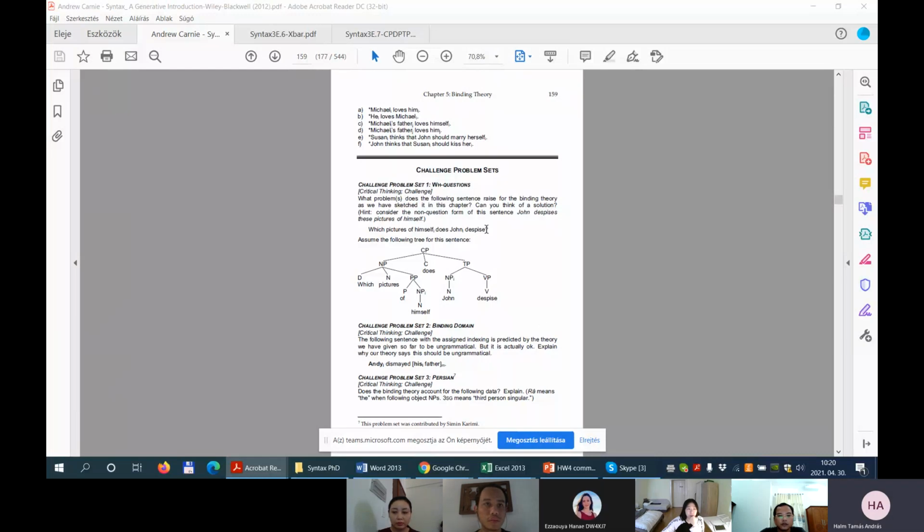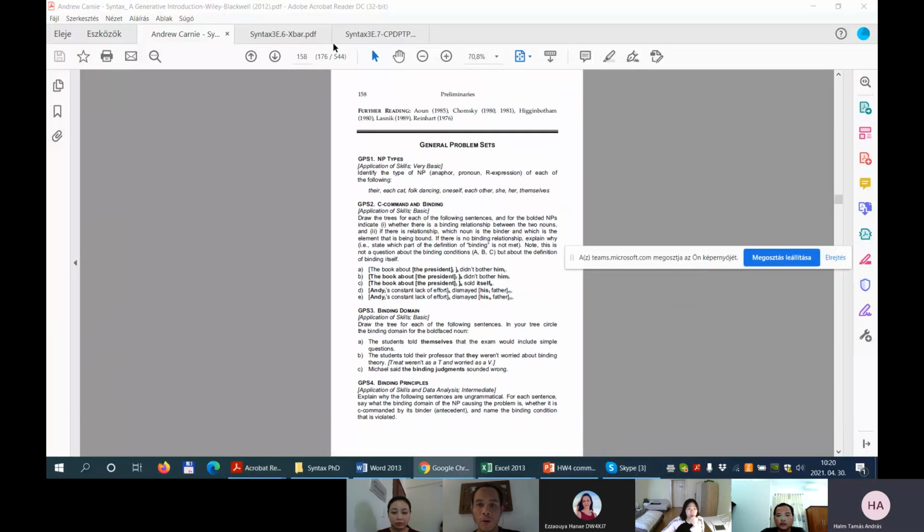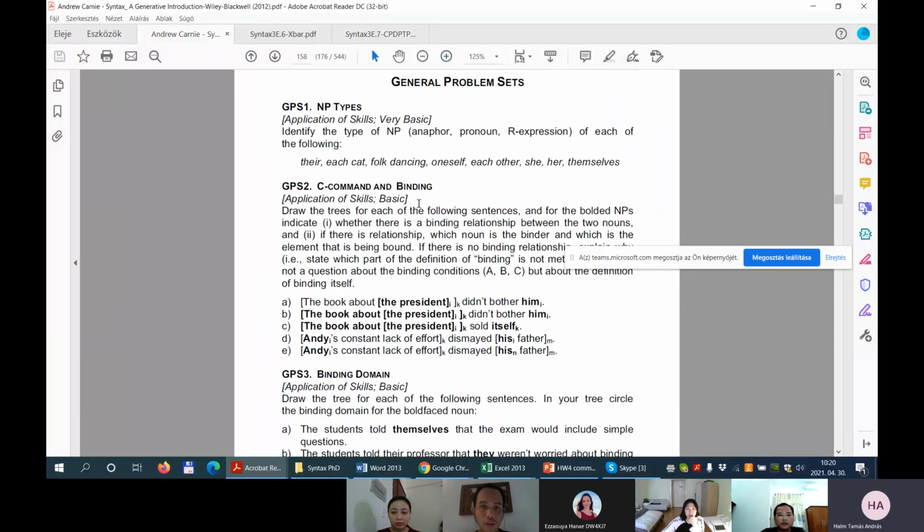Okay, the first one was from page 158. This had to do with the binding principles, if you recall.